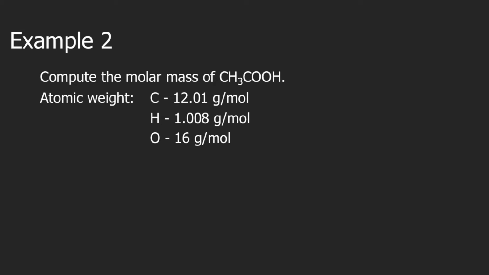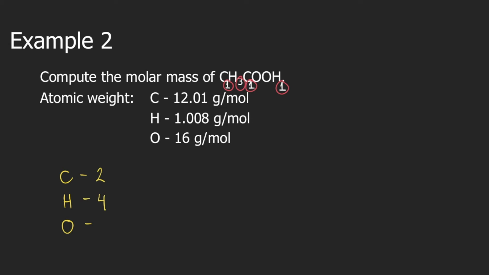Example 2, compute the molar mass of CH3COOH or acetic acid. So the elements in the compound are carbon, hydrogen, and oxygen. For carbon, we have 1 plus 1, 2 carbons. For hydrogen, we have 3 plus 1, so 4 hydrogens.